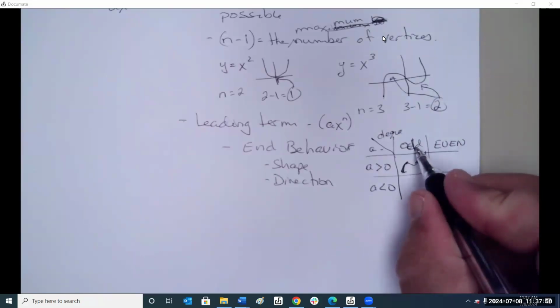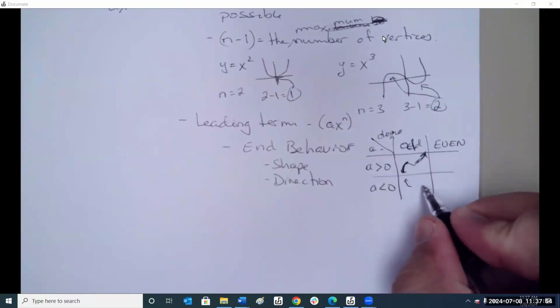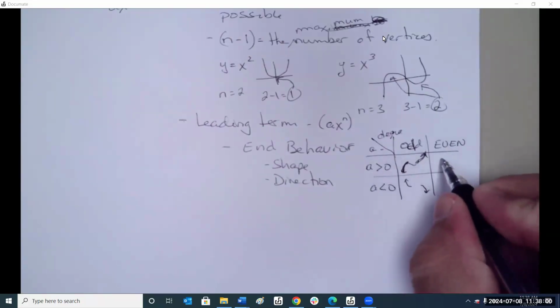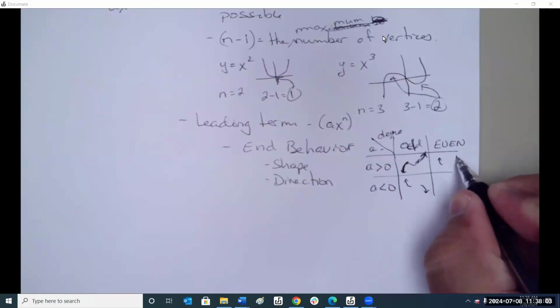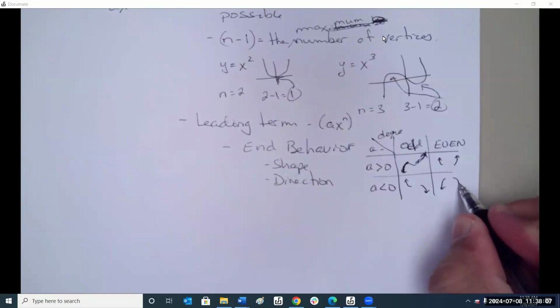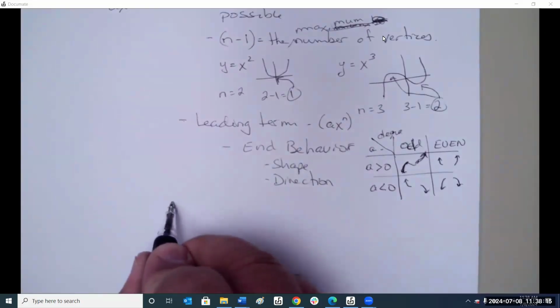If the degree is odd and A is negative, then the left side goes up, the right side goes down. If A is positive and n is even, both sides go up. And if A is negative, both sides go down. So we know what the shape's going to look like. We know the direction of the graph.